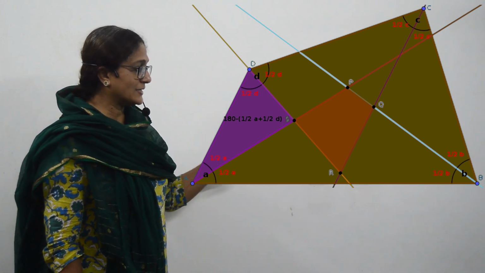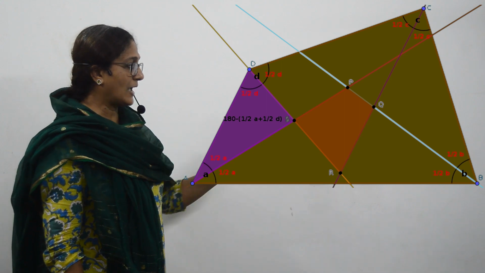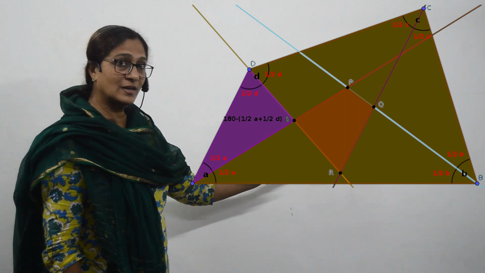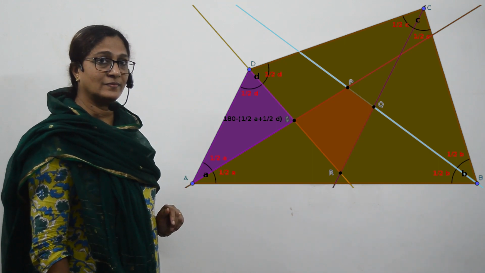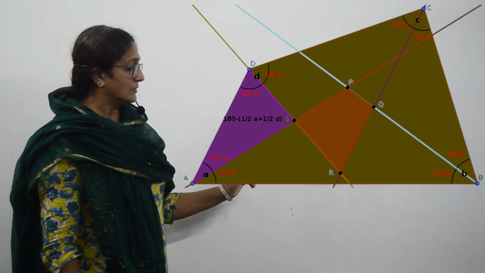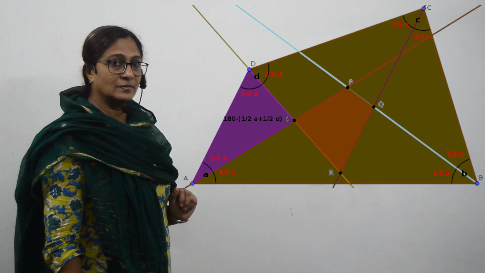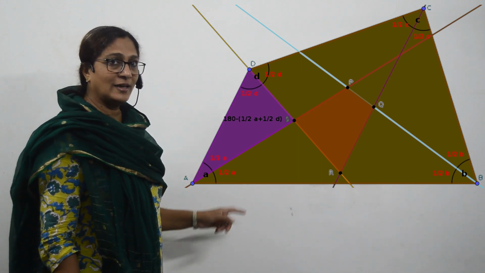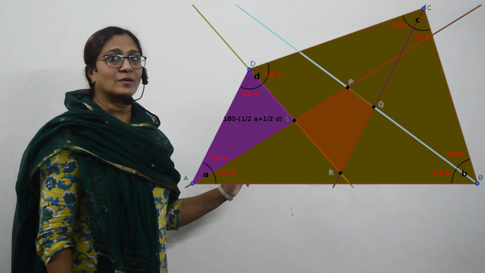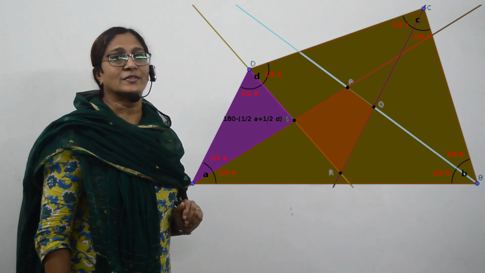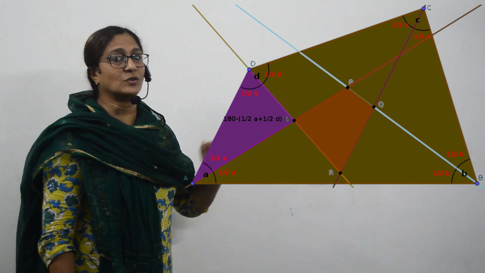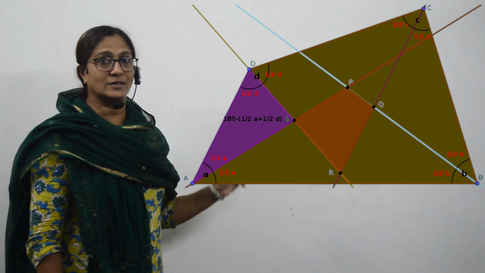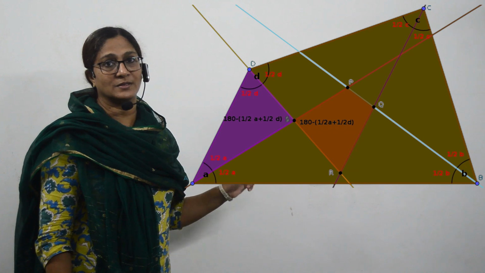Consider angle PSR, the angle inside our small quadrilateral. Angle DSA and angle PSR are vertically opposite angles and they are equal. So angle PSR is equal to 180 minus (half A plus half D).